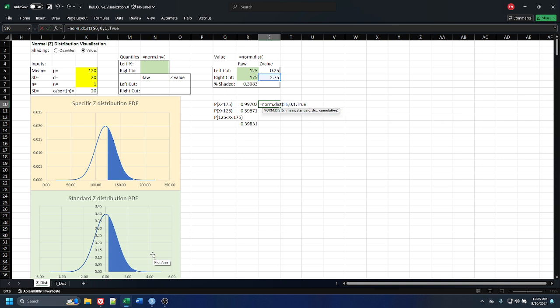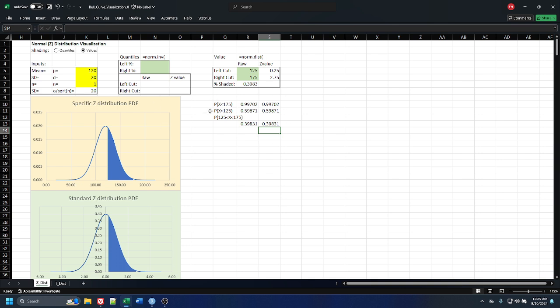Say true again, and we get the same value. And if we subtract those from each other, we get this same value. So norm.dist is really cool. We can either use it with raw values, or with the standard normal distribution when we use it with the z distribution.